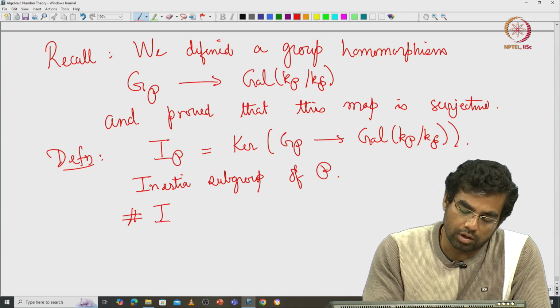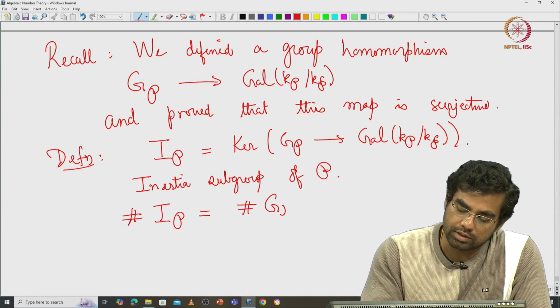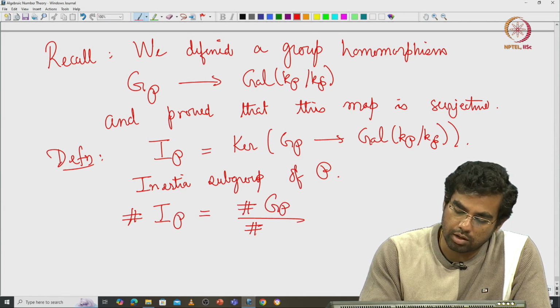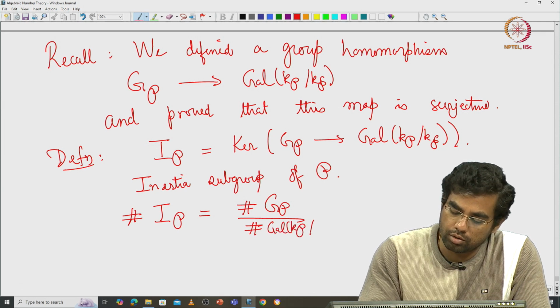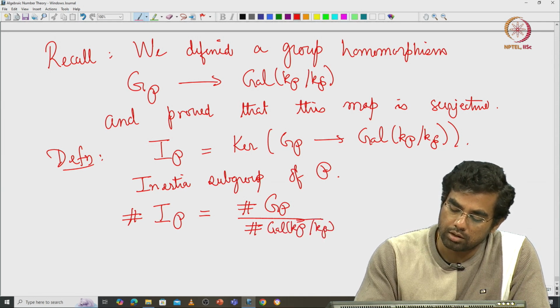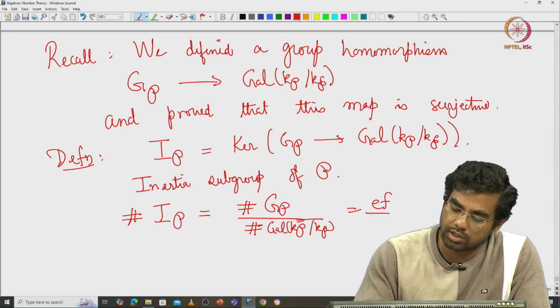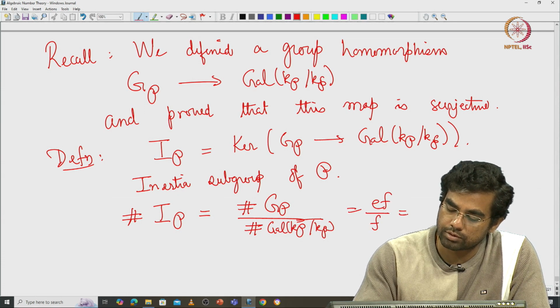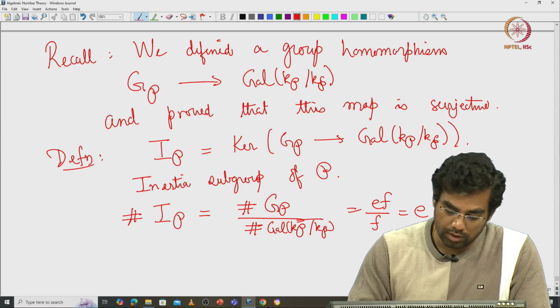And so, we get that the order of this group is the order of G sub P divided by the order of the Galois group of K P over K small p. And so, this is E times F over F and so, this is E. Okay.